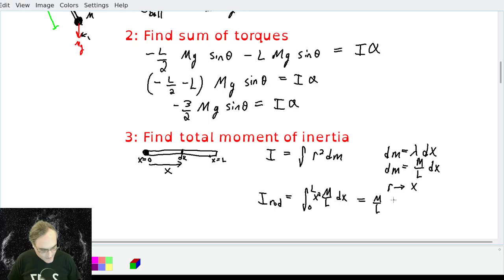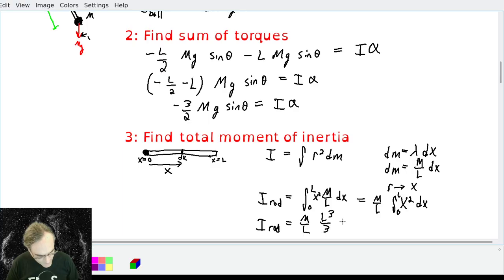The m over L can come out in front, integral of x squared dx from 0 to L. And that will mean the moment of inertia for the rod will be m over L times L cubed over 3 when we're all done, so 1/3 mL squared.